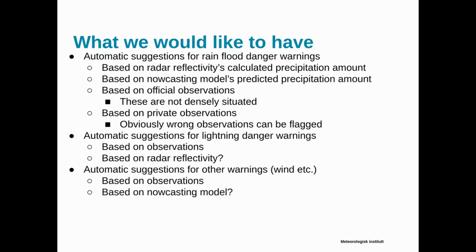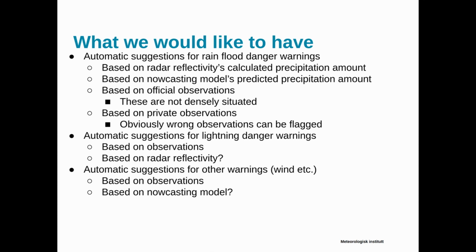And then this brings me on to my last slide. So what we would like to have in the future in Nowcasting: automatic suggestions for rainfall danger warnings. First, based on radar reflectivities, calculated precipitation amount.